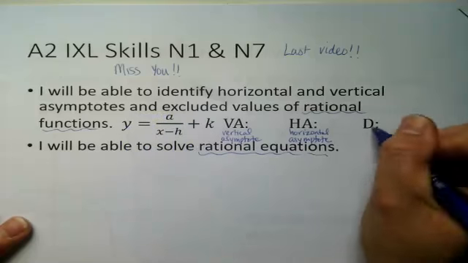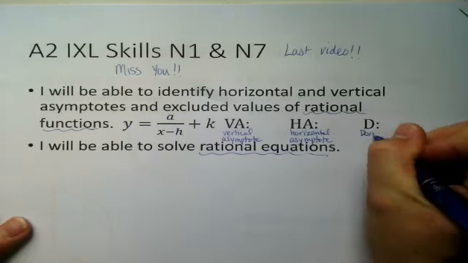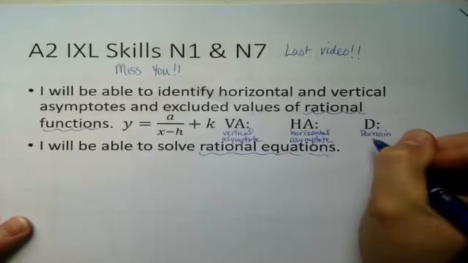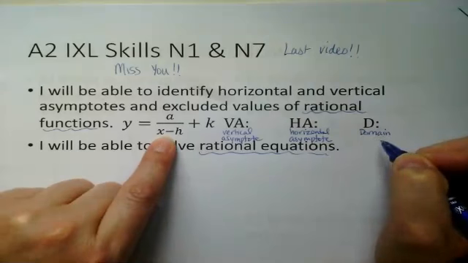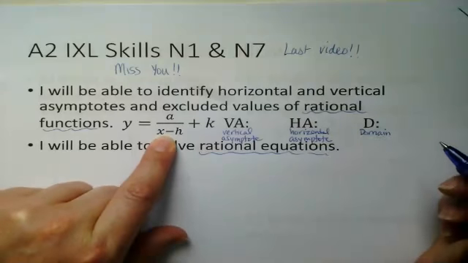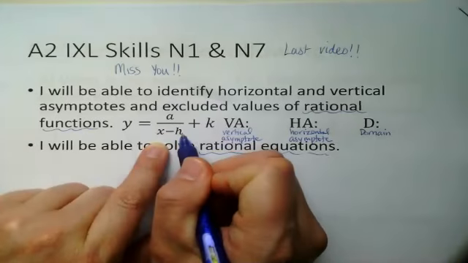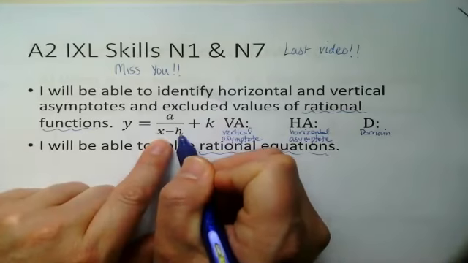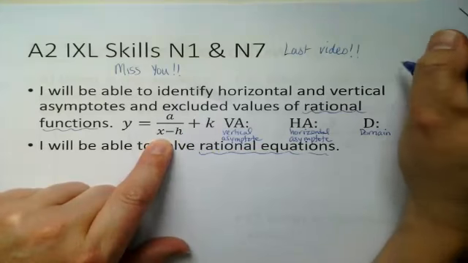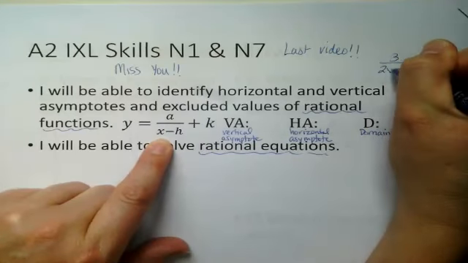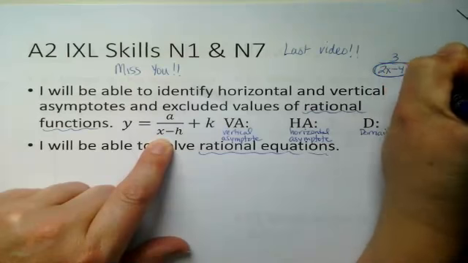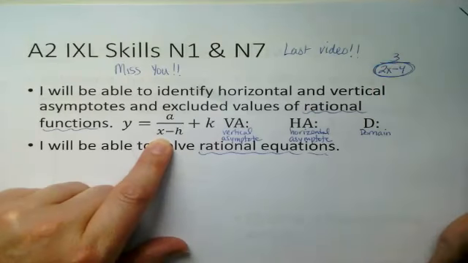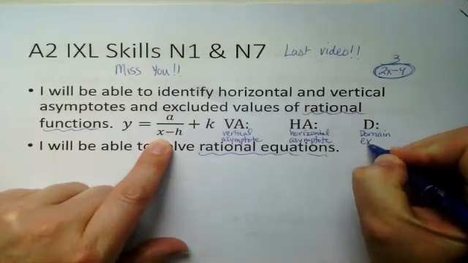And we also get domain. So this is domain, D for domain, and denominator domain. So the domain always comes from the denominator, whatever that denominator happens to be. Hopefully most of them will be simplified. But it is possible that you might see like 3 over 2x minus 4, where we would want to, if they asked, hey, what is the excluded value?